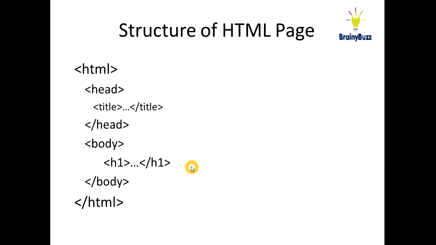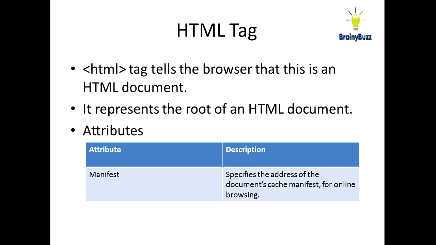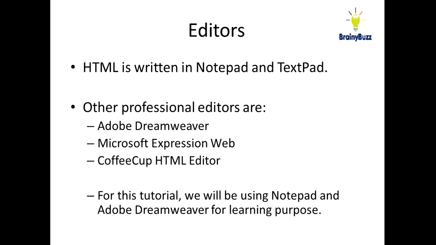Like whatever text if you write welcome or if you write hello, it should come between this body tag. So HTML tag basically tells the browser that this is an HTML document and you should treat it as the HTML page. HTML tag will have one attribute, that is the manifest attribute. It specifies the address of the document's cache manifest. It is like for online browsing.